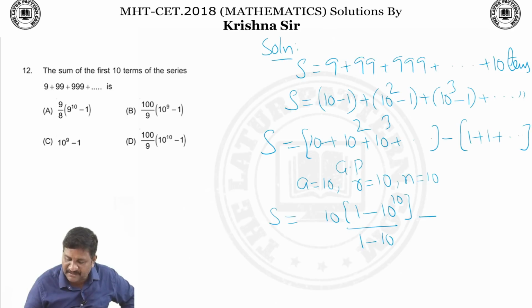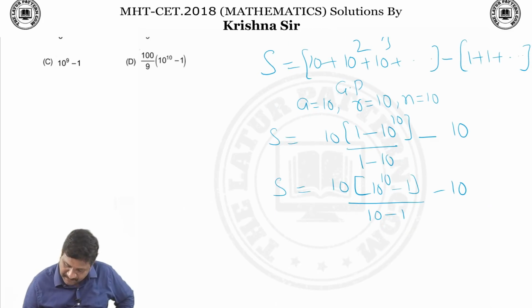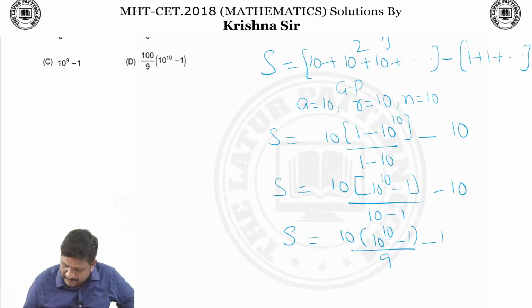Now minus 1 ten times, we get 10. Then S is equal to 10 into (10 raised to 10 minus 1) upon, taking the minus common, (10 minus 1), minus 10. So S is equal to 10 into (10 raised to 10 minus 1) upon 9, minus 10.